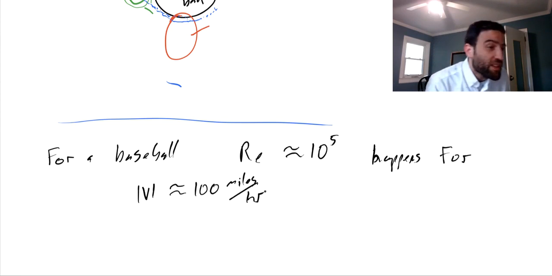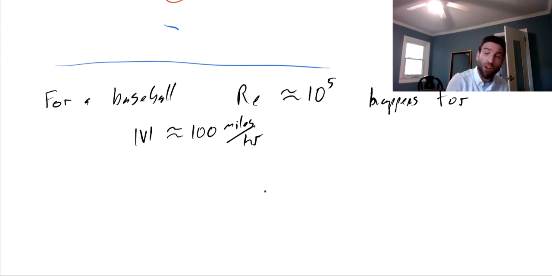So that means most pitches are in this intermediate speed regime, but most batted baseballs, after the ball leaves the bat, are traveling faster than this, typically, in professional sports anyway. So in baseball, you have this intermediate regime of Reynolds number for the pitch, and this high regime of Reynolds number for the batted baseball, okay?